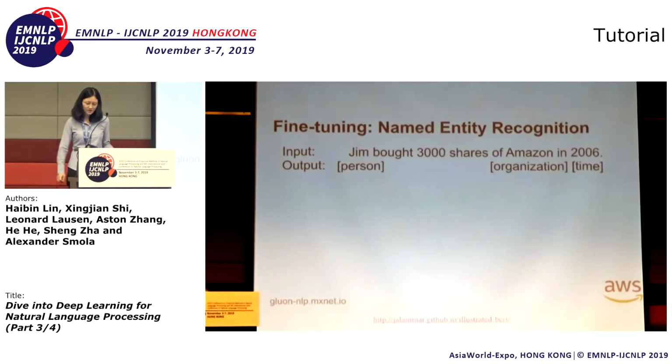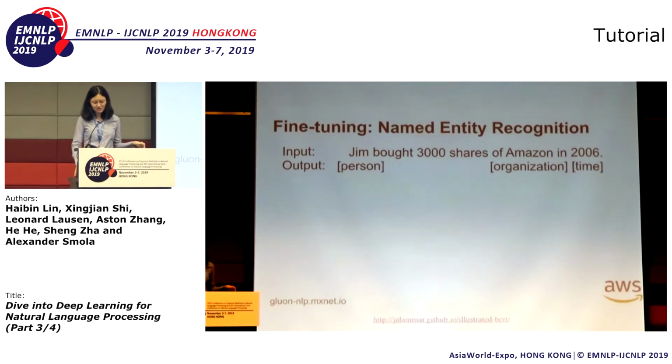Another very common NLP task is sequence labeling. Here we have the input sentence, such as Jim bought 3,000 shares of Amazon in 2006. In the output, instead of generating a single label for the entire sentence, we want to have one label for each word. In this case, we want to label Jim as person, Amazon as organization, and 2006 as time.